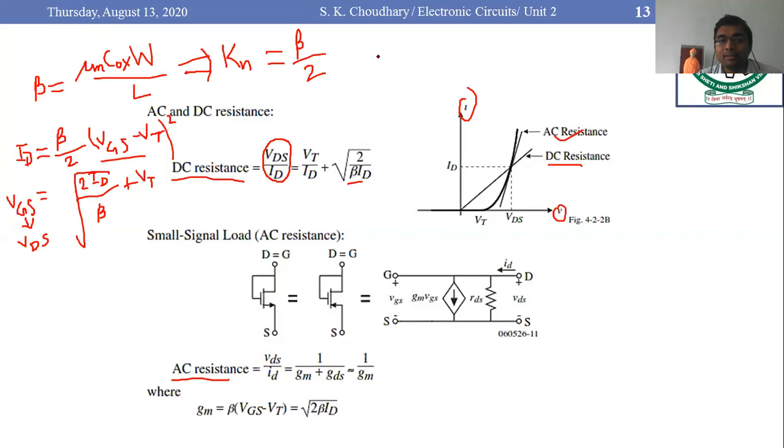So VDS is here. I am solving here. VDS upon ID is equal to the square root of twice ID upon beta, plus VT, upon ID.